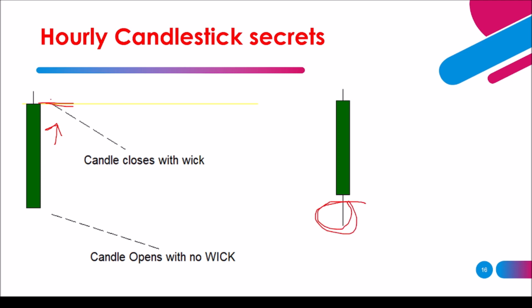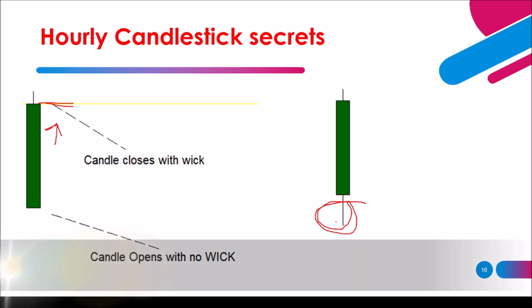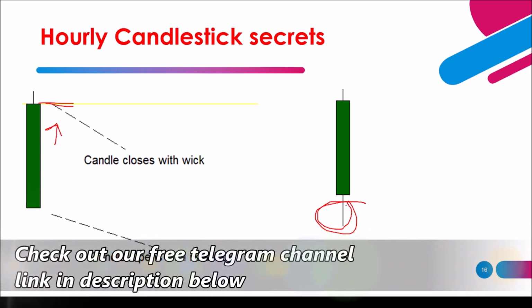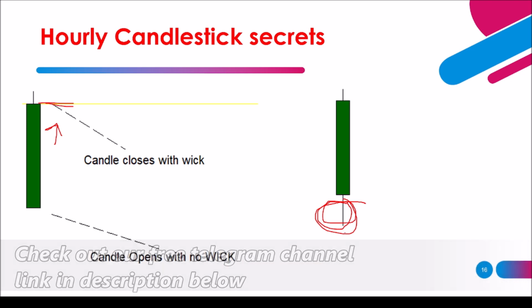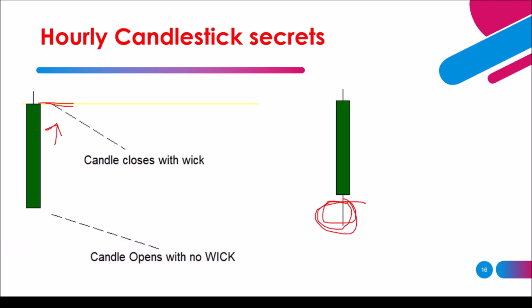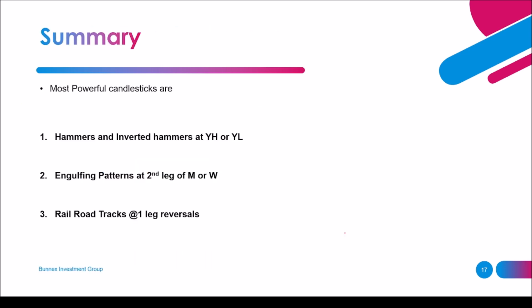So your position is at this point, probably you'll be taken out. So always make sure before you enter, you check the hourly candlestick to see if it has a wick. That way it has lesser probability of actually coming back to create one or to elongate one.